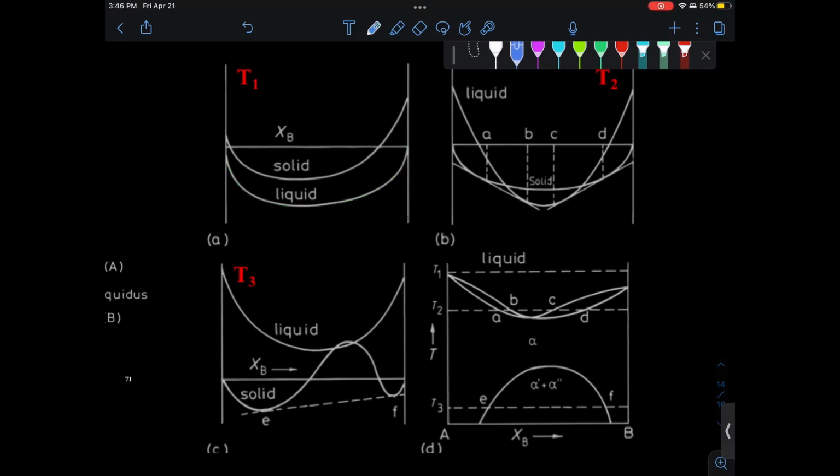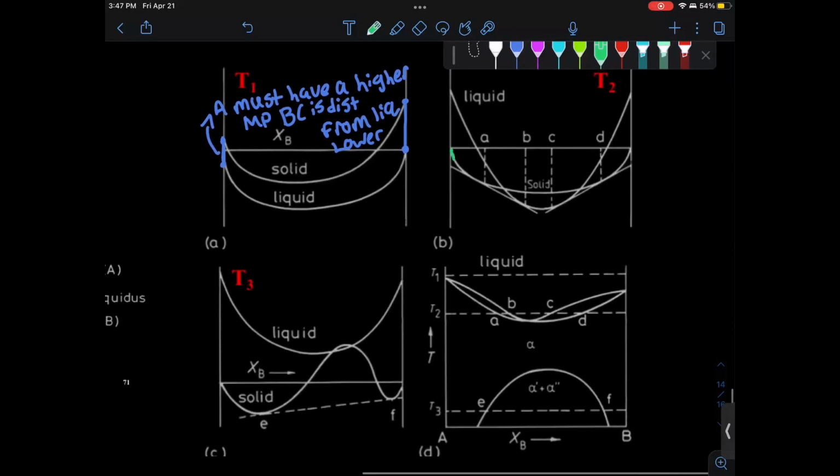If we want to know which of solid A or B has the higher melting point, we can see at T1 that the distance between the solid and the liquid line of A is less than the distance between the solid and the liquid line of B. So we can say A must have a higher melting point, because it's less removed from the liquid line.